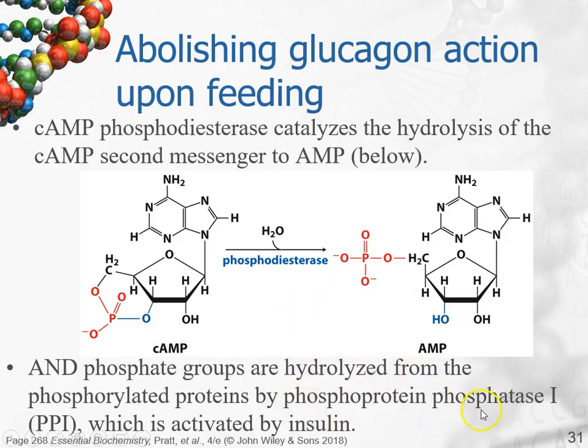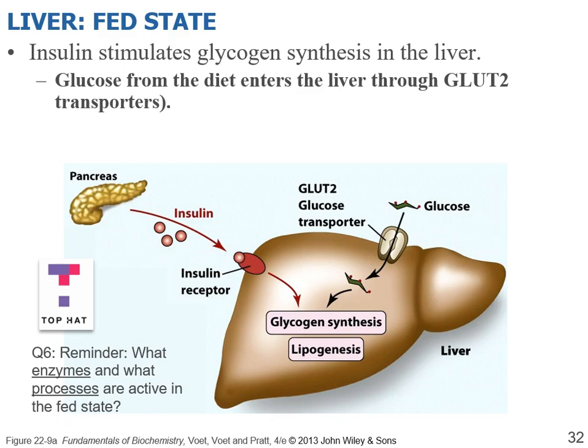You might remember from earlier, the other thing that we talked about was that insulin activates phosphoprotein phosphatase 1, and the phosphatase enzyme removes all the phosphates. All of those phosphates the protein kinase A put on, the phosphoprotein phosphatase 1, the PP1, will take right off. Okay, so now we're fed.